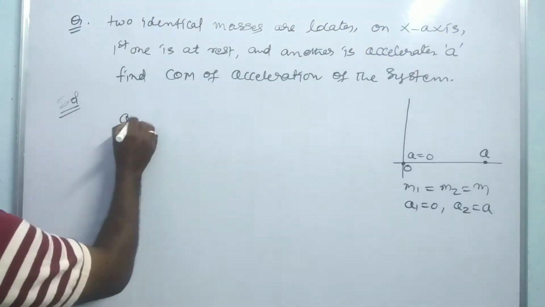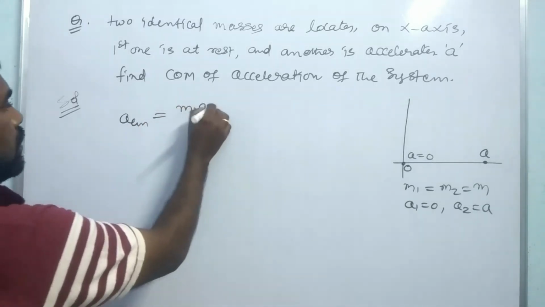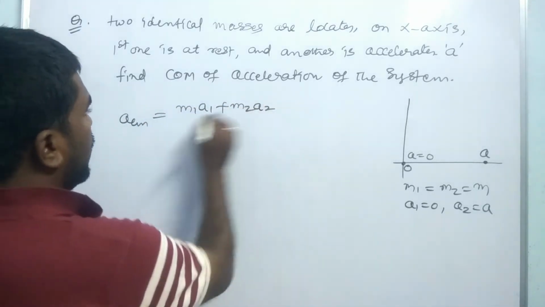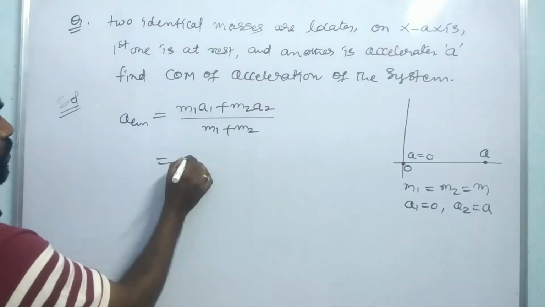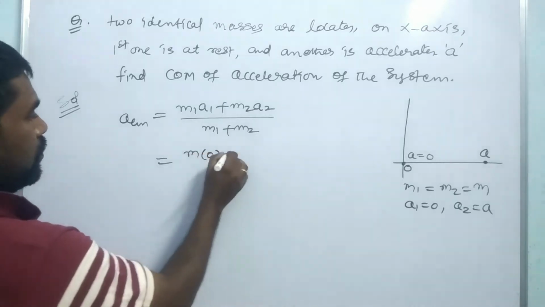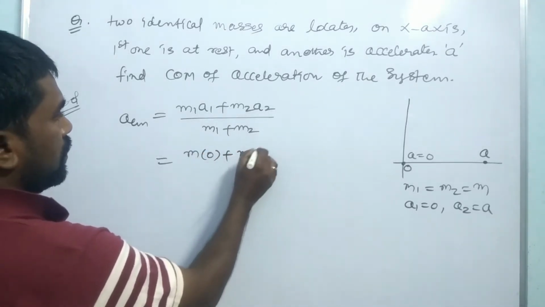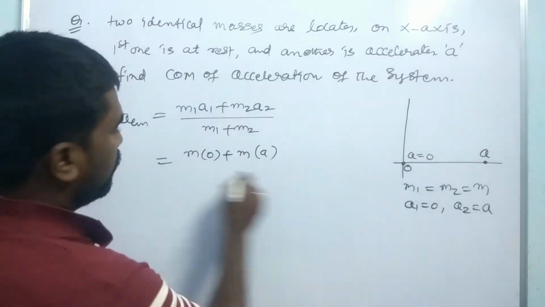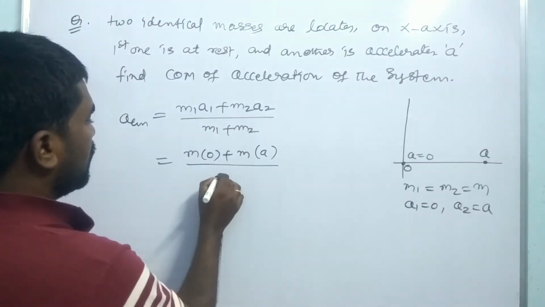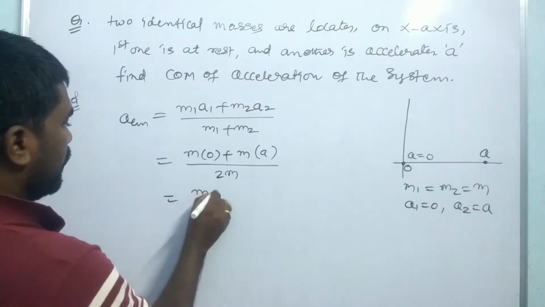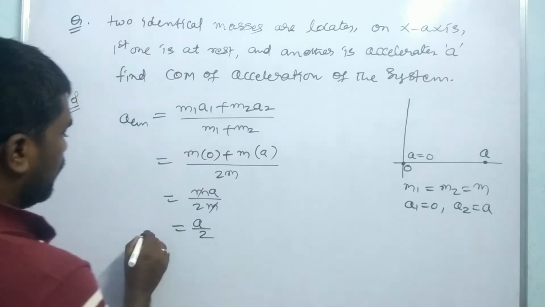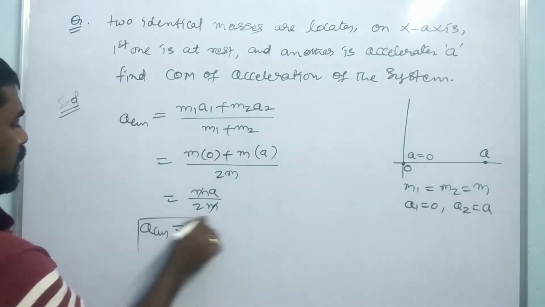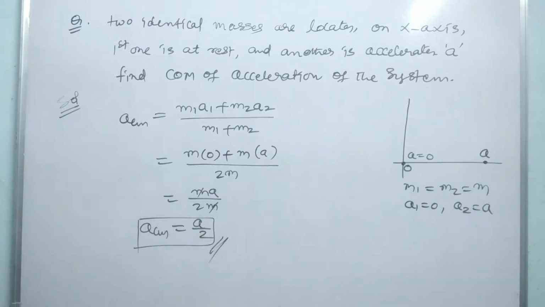Therefore ACM is equal to (m1a1 + m2a2) by (m1 + m2). So m times 0, plus m times a, by m plus m, 2m. It is ma by 2m, cancel, it is a by 2. ACM is a by 2.